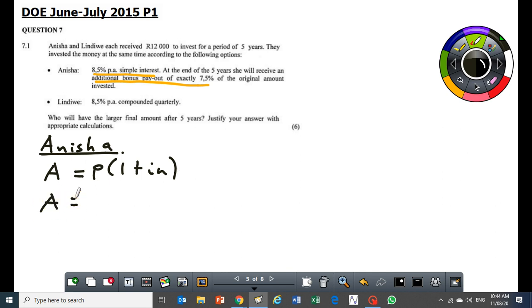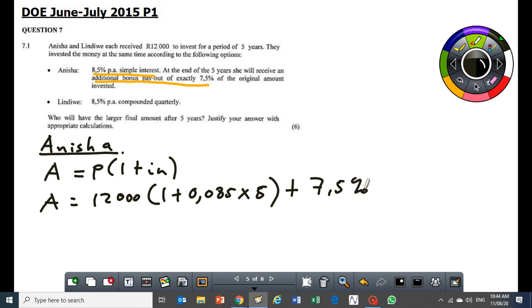So her future value is going to be 12,000 times (1 plus 0.085 times 5 years). Whatever amount you get here, you add 7.5% of 12,000. If you simplify that, you get exactly 18,000 rand.